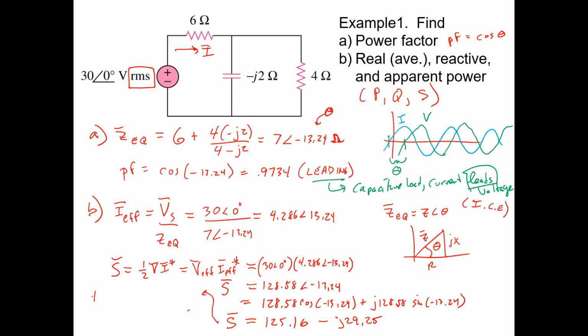So that means that P equals 125 watts. The reactive Q, this is the real power. Reactive is minus 29.25.